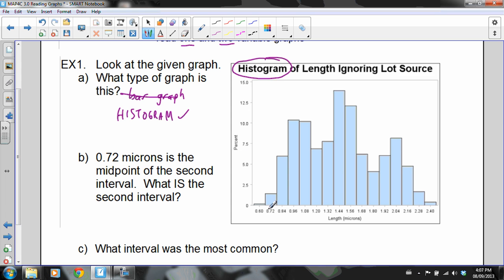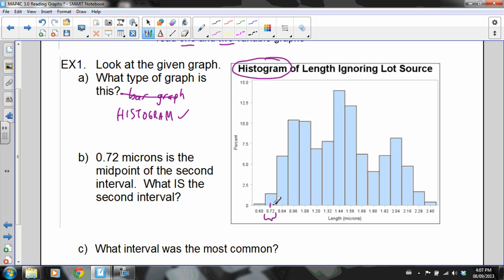Now, if we look at this, it says 0.72 microns is the midpoint of this second interval. Look, that tick is right in the middle of that second interval. So the question here is, what is the second interval? This thing represents parts or something that we're measuring in microns, widths of hairs or something, who knows.